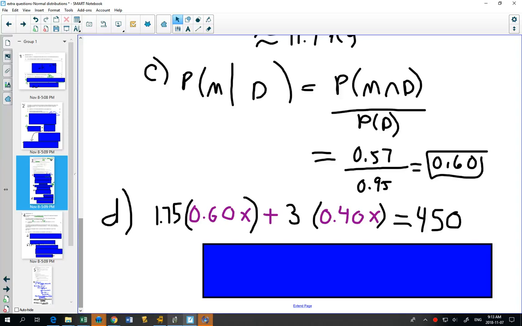So let's say X is the number of watermelons in the delivery. We figured out in Part C that 60% of them are medium and 40% of them are large.